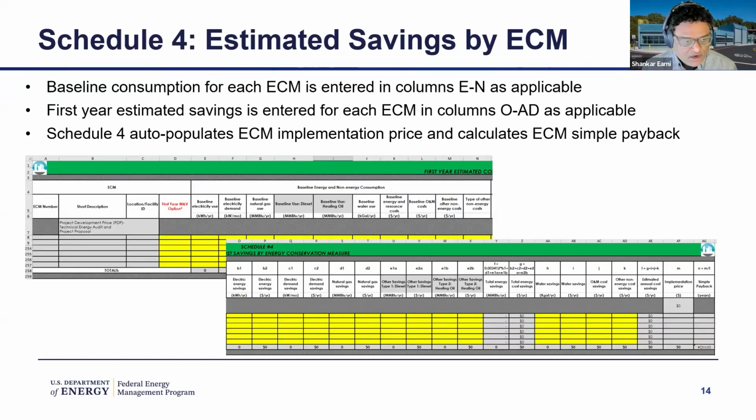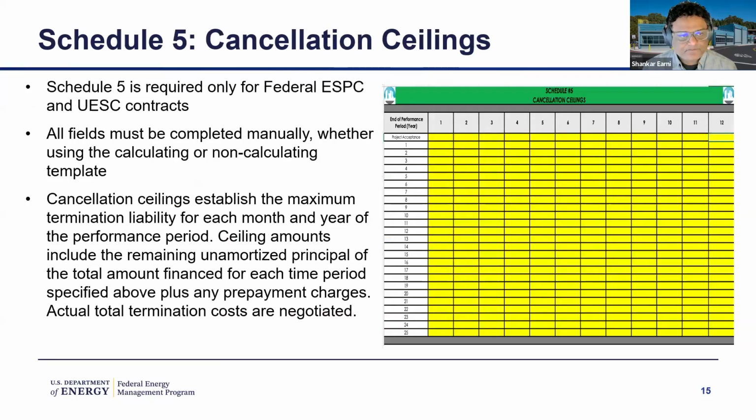This is where the information that you already entered on Schedule 2A gets collected and put back here. And then you also capture the M&V option associated with the ECM, option A, B, C, and D. Those are the IPMVP options.